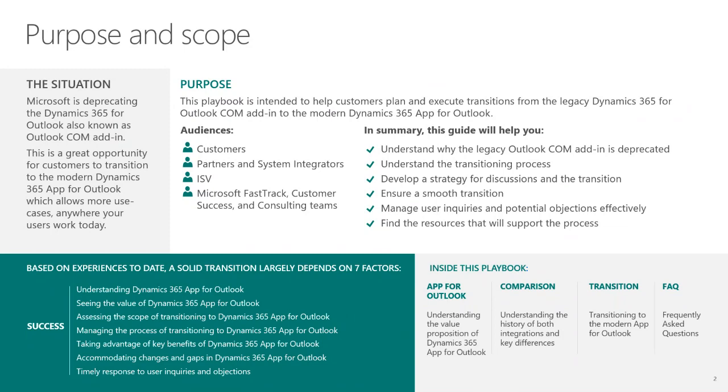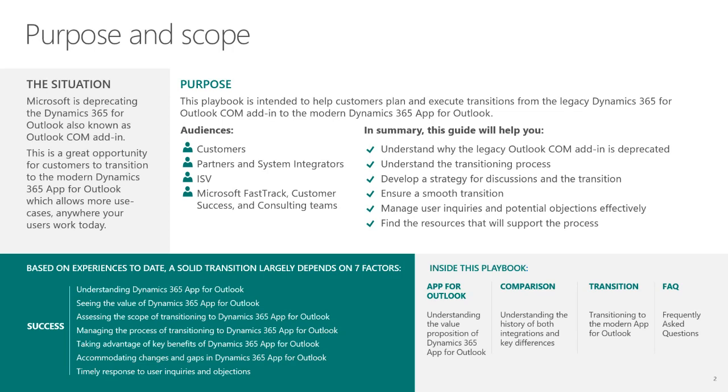This guide will help you to understand why the legacy Outlook COM add-in is deprecated, understand the transitioning process, help develop a strategy for discussions and the transition, ensure a smooth transition in terms of project, but also change management with your users, manage inquiries and potential objections effectively with an FAQ that we'll discuss at the end of this presentation, and also pointers so that you can find the resources that will support the process.